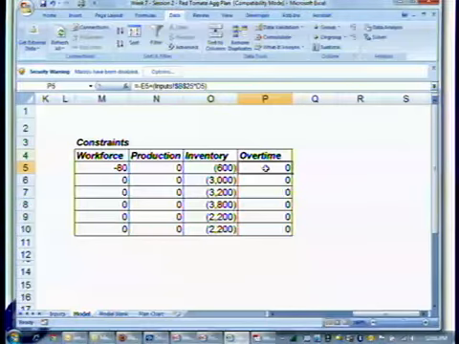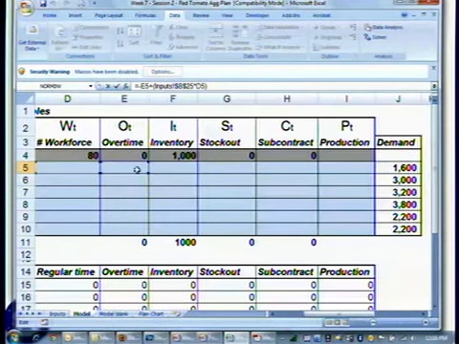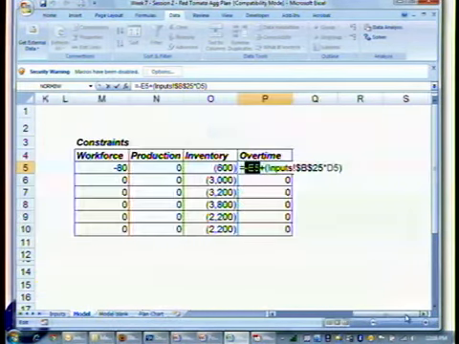Looking at the model, you can see here is the calculation of that. One thing I want to note is there's a leading negative sign here in order to get this equation to work correctly. So you're going to see this leading negative sign ahead of E5, which is the overtime hours calculated by the solution, plus the inputs.